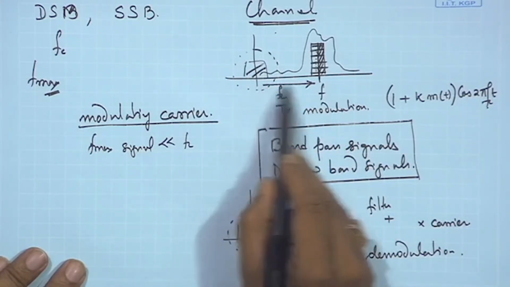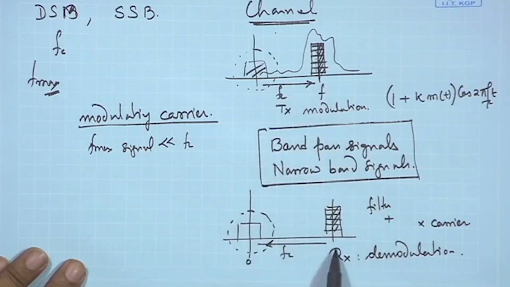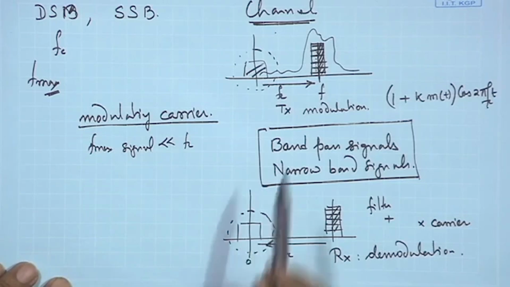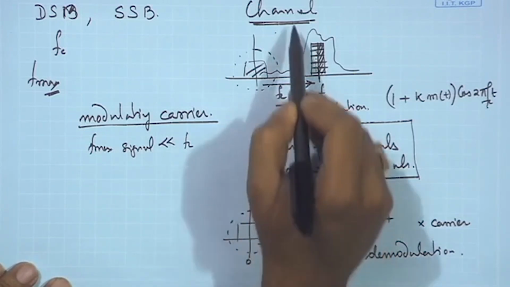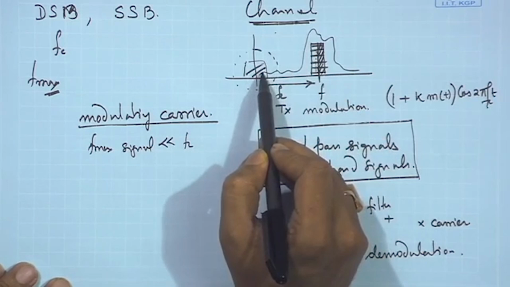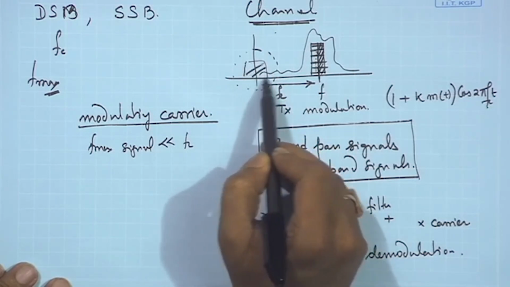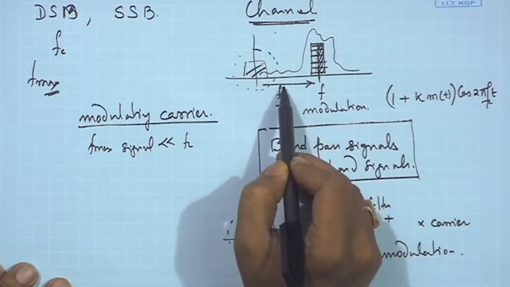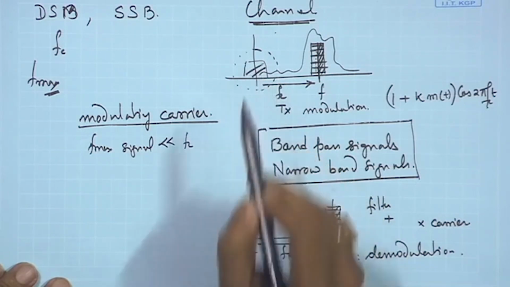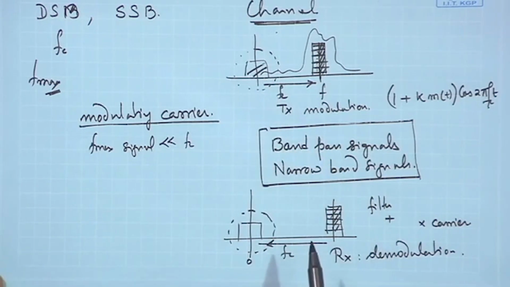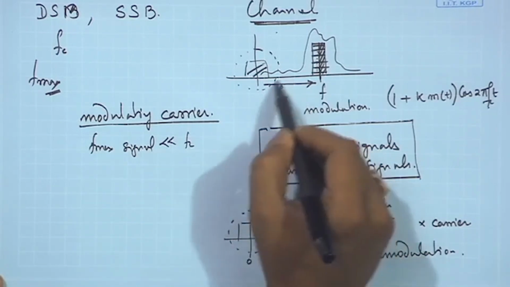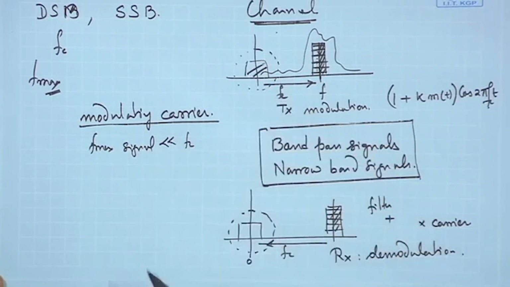It is just used to translate it from baseband to carrier and back to baseband. And this is dependent only on the channel and not on this particular signal. There is of course some dependence depending upon the bandwidth, but it is not connected with the information bearing signal. And we would like to design a communication system where this is not playing an important role.